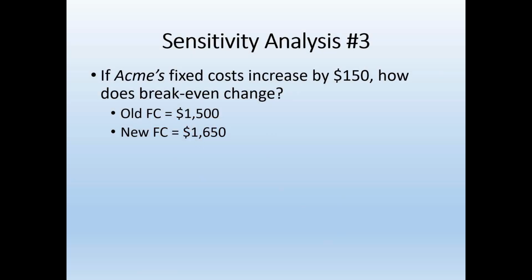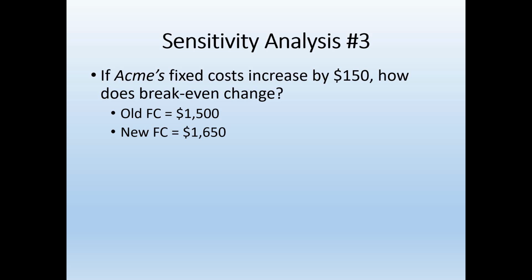In this third scenario, there's been no change in the selling price of the units, and there's been no change in the variable cost of the units, but the firm's fixed costs have increased by $150 from $1,500 to $1,650.